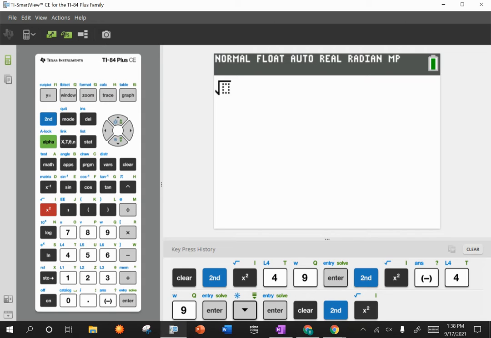Come here real quick. Okay, so we go second, and then right there. I'm just going to do 1 over 16. I'm going to go 1, and then hit this button right here. It gives me that fraction.